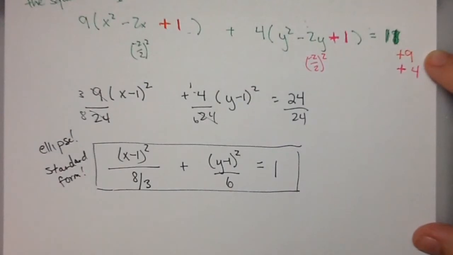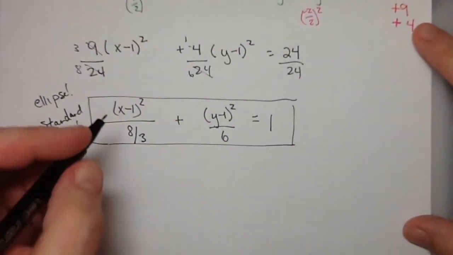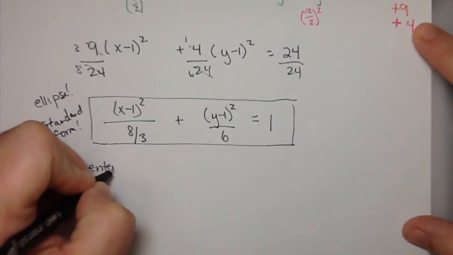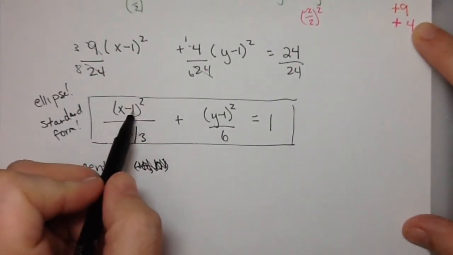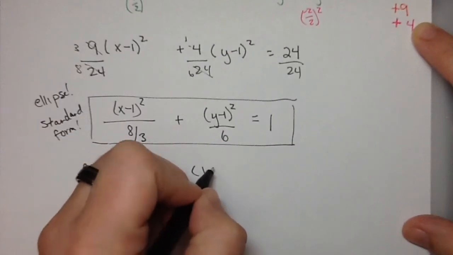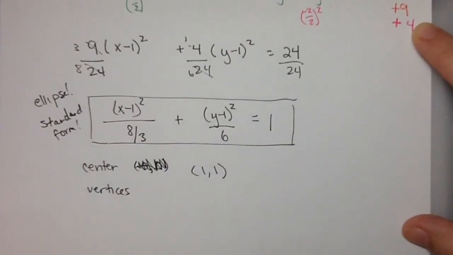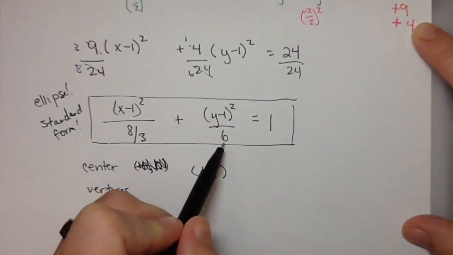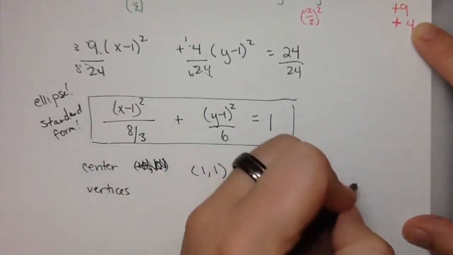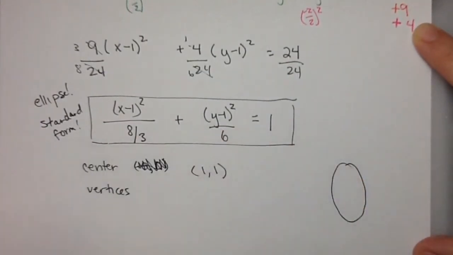Okay, so let's see. What can we determine from this? Well, we know the center of our ellipse from here, h, k, is 1, 1. We know the vertices are located, because this is our larger number, we know it's going to be one of these kinds of ellipses.